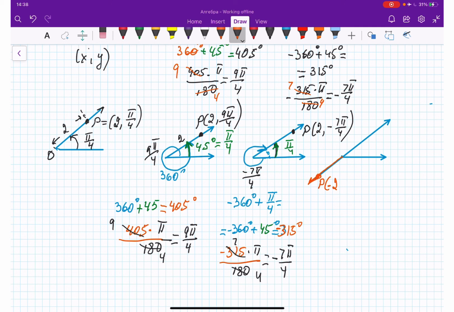I can go from 0 all the way to here. We have 45 degrees, pi over 4, this green piece, and the rest is going to be 180 degrees.